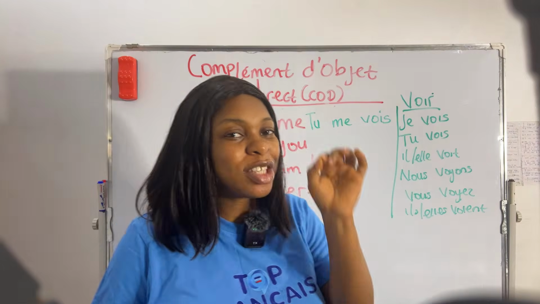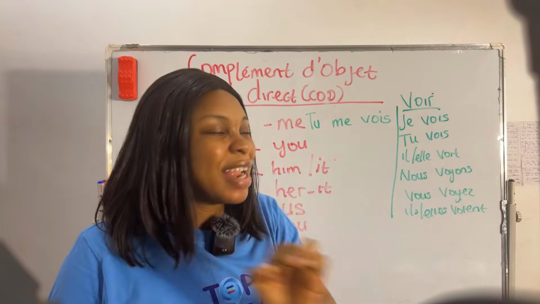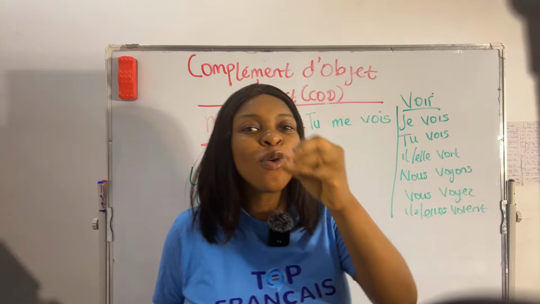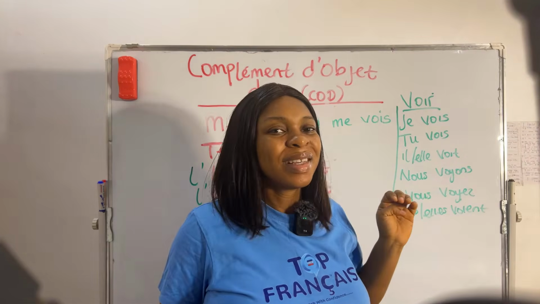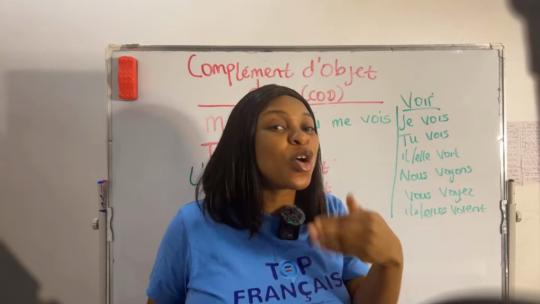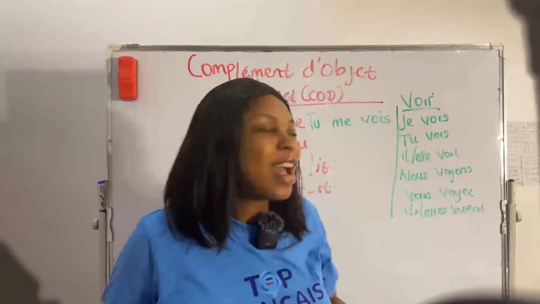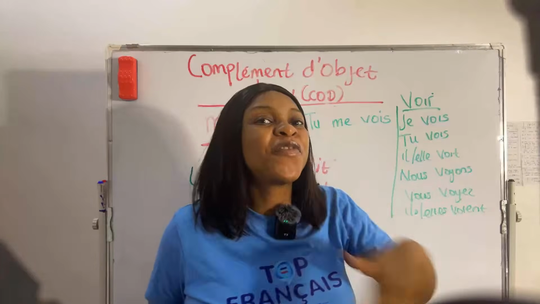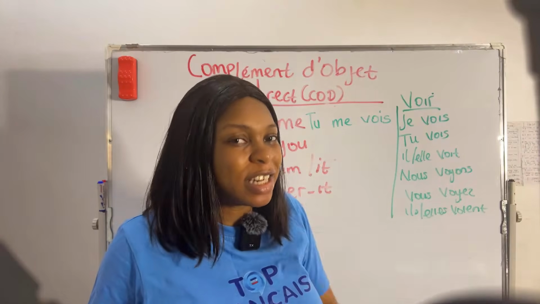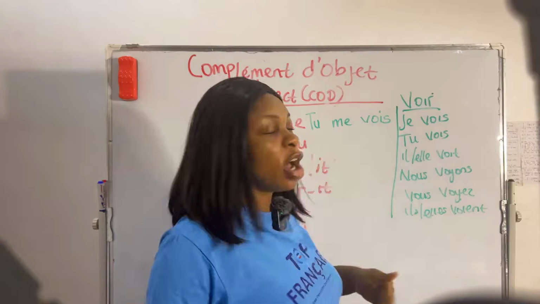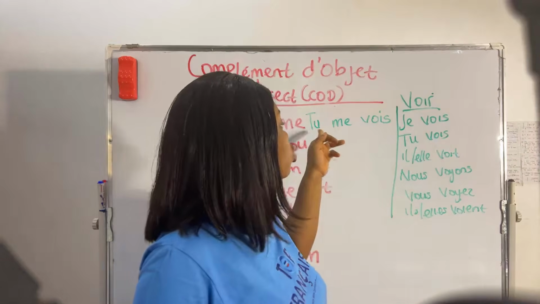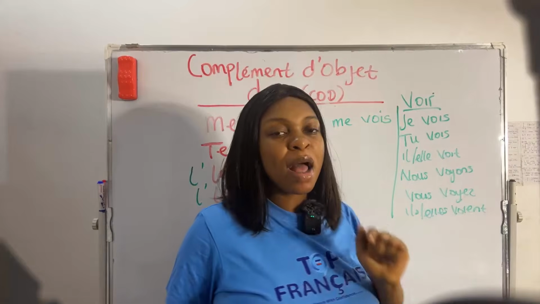Remember I told you, COD comes before the verb. So instead of saying "tu vois moi", which is what English would do, where the object comes after the verb, in French the "me" comes before the verb. So instead of "tu vois moi", we have "tu me vois".